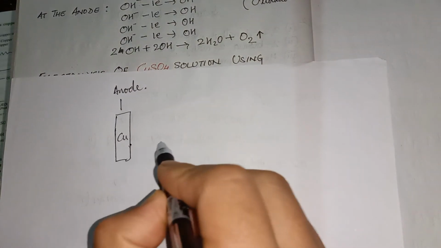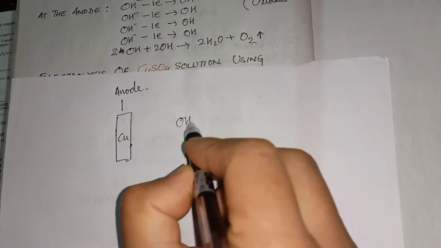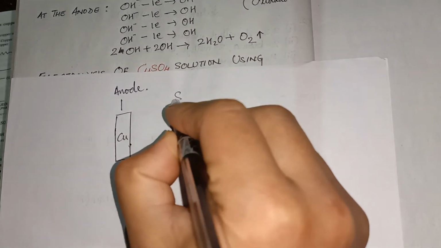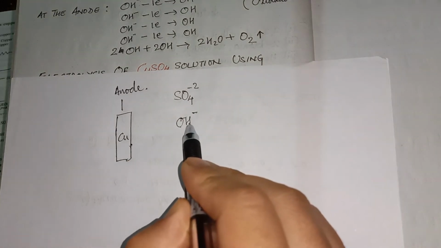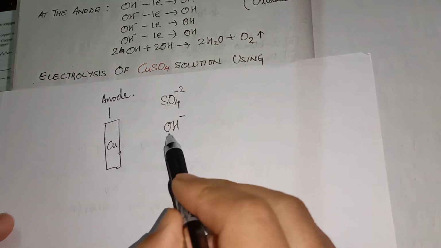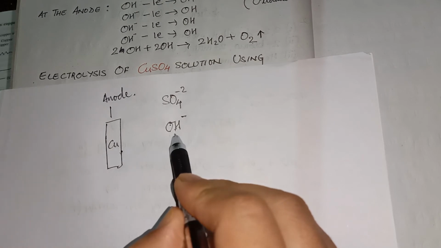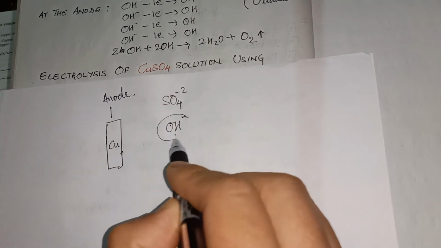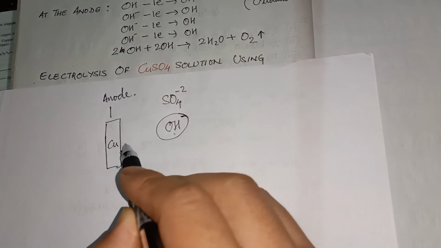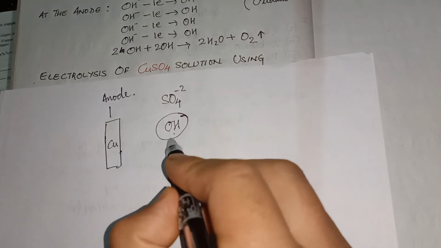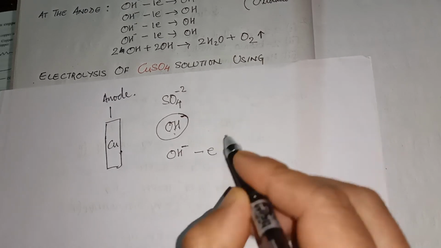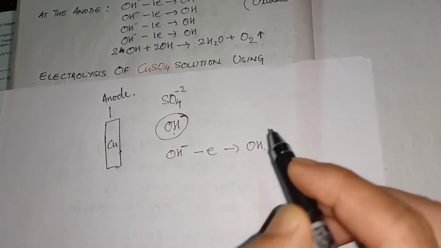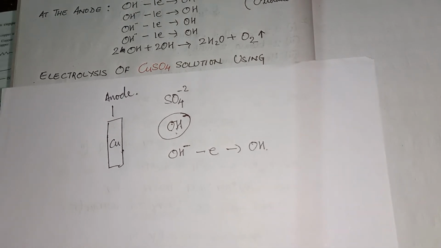Towards this anode, hydroxide and sulfate ions move, but the hydroxide ion can be readily discharged. So the hydroxide ion is more preferred to get discharged at the anode. Now what does this hydroxide do when it reaches the anode? It loses an electron and converts into OH. This is the expected reaction.